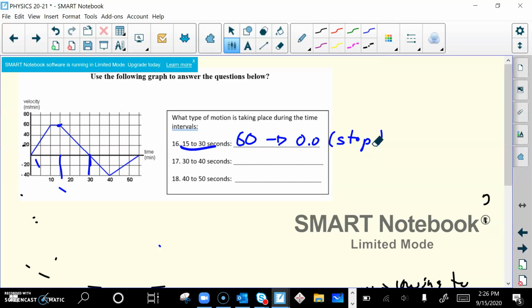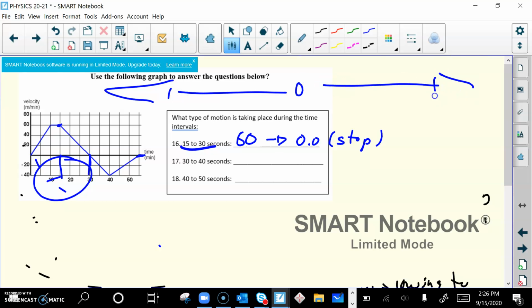Number 17, between 30 and 40, if you're stopped right here, and as we discussed earlier, this is moving your car in the negative side. Here's 0. Here's positive. Here's negative. So if you're going in the negative side, between 30 and 40, you're stopped at 30, and then you start increasing your speed to 20 and then to 40. Eventually, you're at 40 miles per hour.